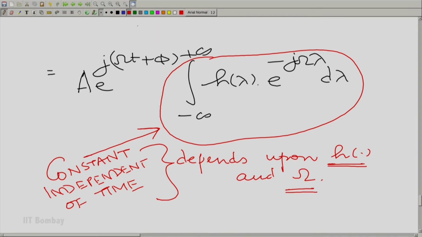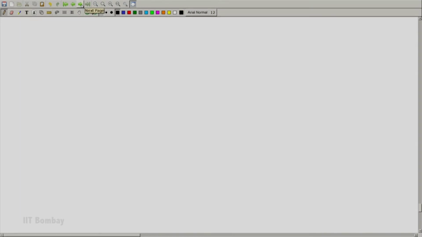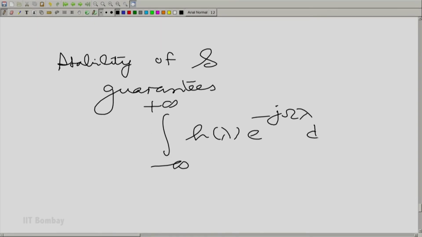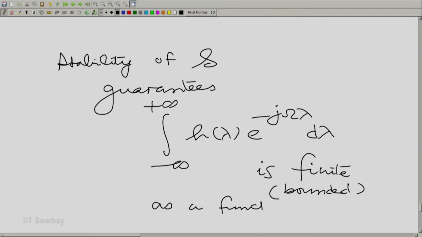Now, because the system is stable, if you look at it, the stability of S guarantees this quantity, the integral from minus to plus infinity of h(lambda) e raised to the power minus j omega lambda, is finite, bounded, if you might call it that, bounded as a function of omega. Well, that is very easy to see.